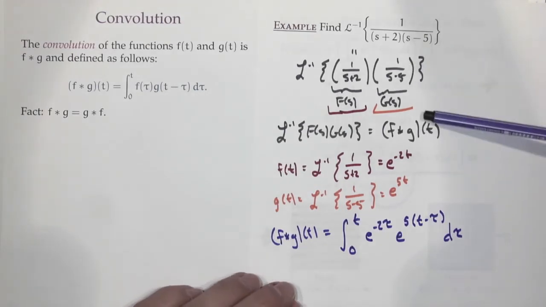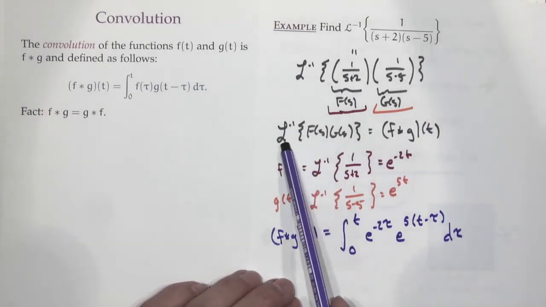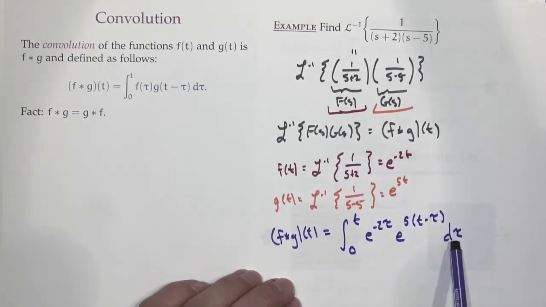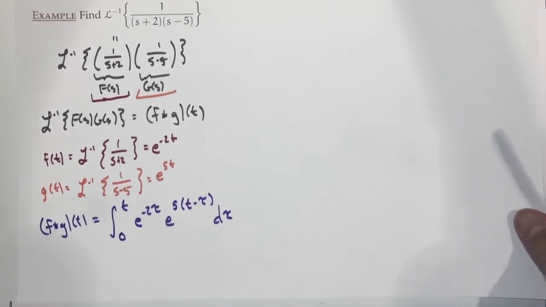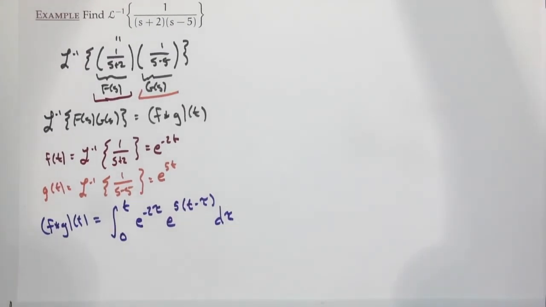All right, so we know our answer, just from this rule, is whatever this turns out to be. Well, how do we approach this integral?